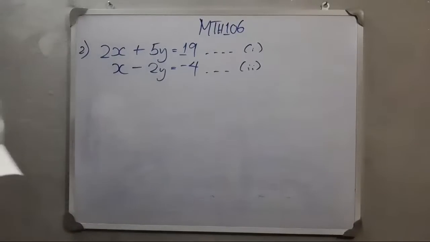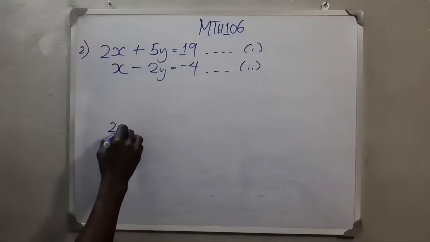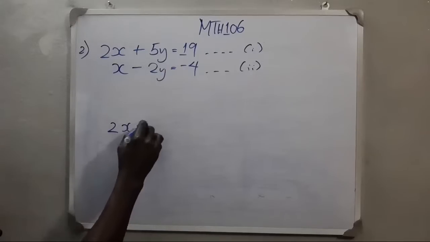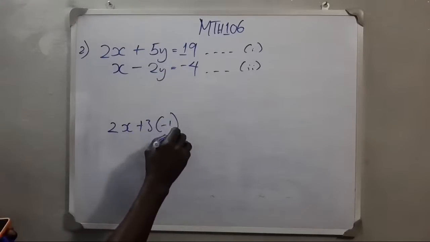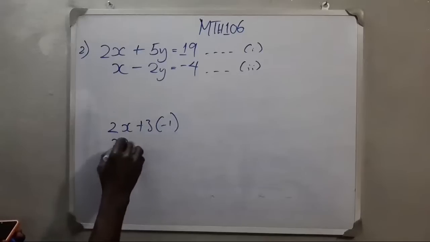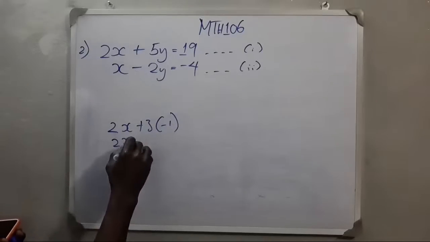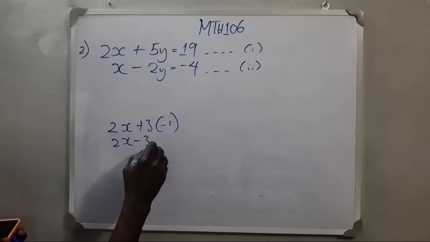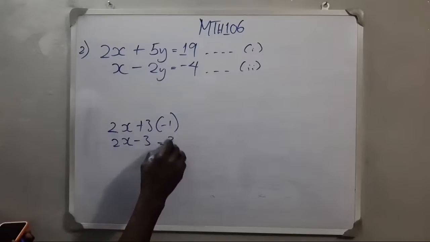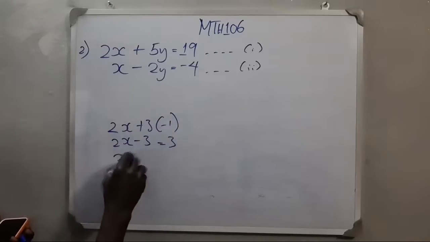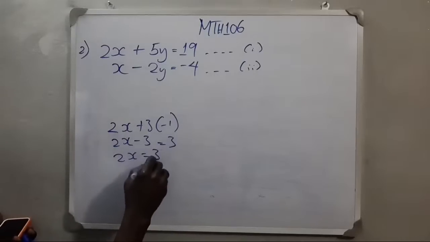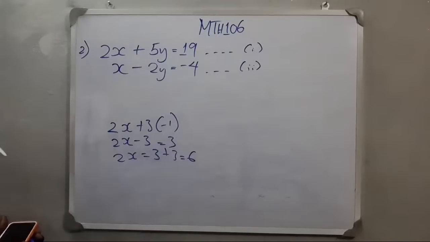Now, okay, I think I have something on the comment section. Okay, Miss Blessing said 2x plus 3 minus 1, and we have 2x minus 3 equals 3, and we have 2x equals 3 plus 3 equals 6.